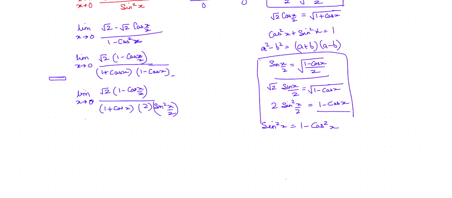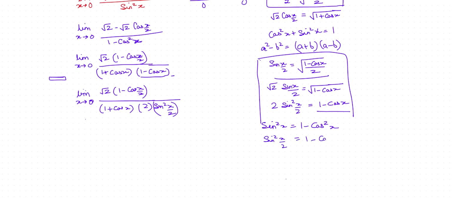So now we replaced this 1 minus cos x with 2 sine square x by 2. So now since we want to simplify, we know sine square x is 1 minus cos square x. So sine square x by 2 will be 1 minus cos square x by 2.